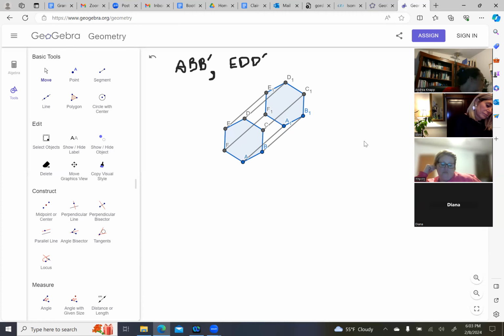Okay, now the next question here is, what is the measure of the dihedral angle between two adjacent lateral faces?